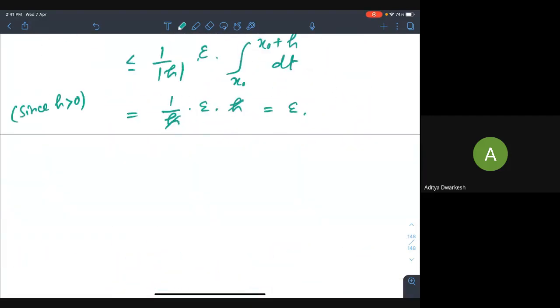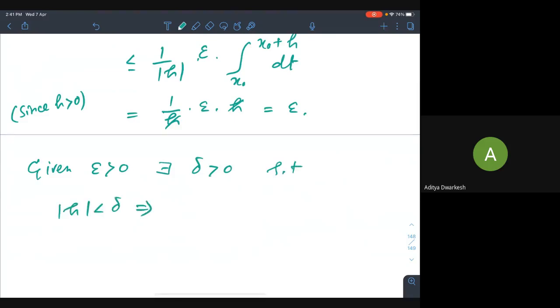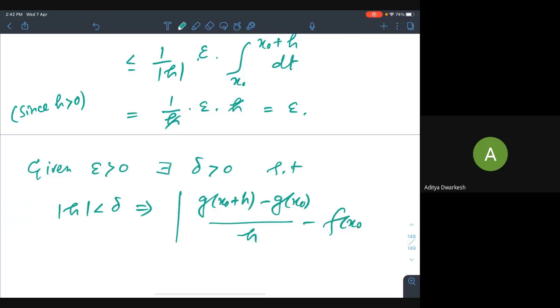So what we get is, given epsilon, there exists delta greater than 0 such that mod h less than delta implies the mod of g of x naught plus h minus g of x naught over h, minus f of x naught, is less than epsilon, right?